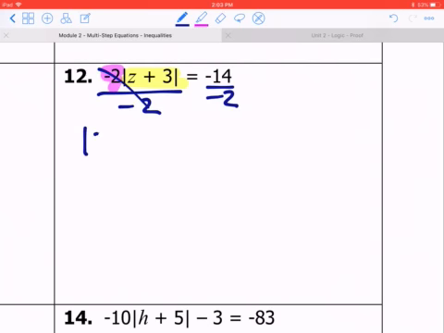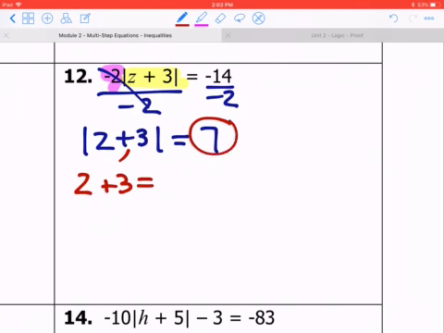Now I'll get the absolute value of z plus 3 is equal to negative 14 divided by negative 2 gives me a positive 7. Now I need to solve, so I'm going to take out what's inside here. So z plus 3 is equal to the positive 7, or z plus 3 is equal to negative 7. Okay?